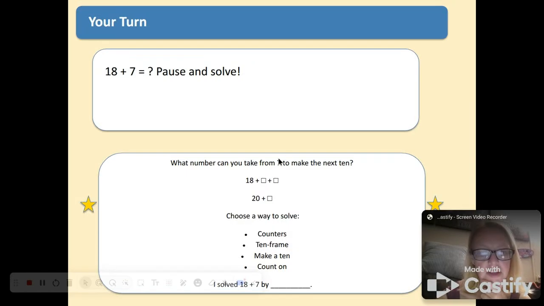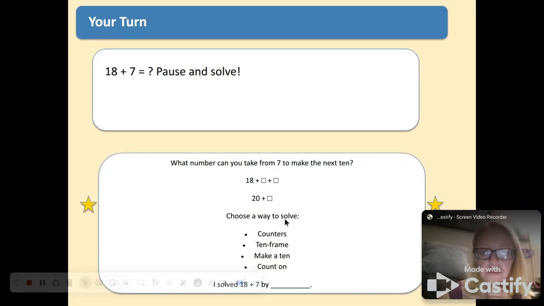And then the 7 would be the 2 and the 5. So it would be 5 here. So 2 plus 5. And I can't write on here, unfortunately. But it would be the 20 plus 5. And then our answer would be 25. The sum would be 25.